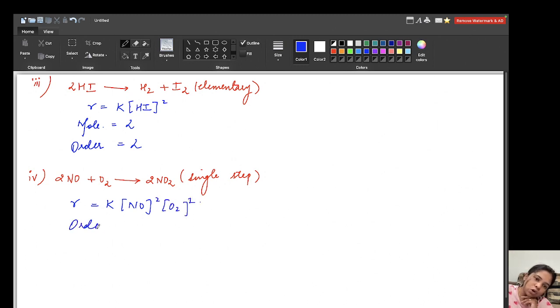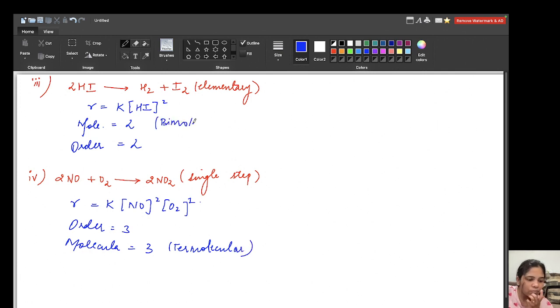So here also your order is equal to 3, and your molecularity is equal to 3. So this is like termolecular. Whenever 3 molecules are taking part, it is called termolecular. Here it is called bimolecular. Okay.